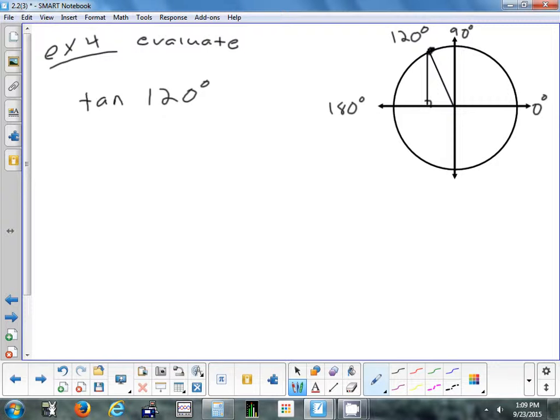All right, so we have a difference of 30 degrees in this part right here. So how about this part down here? How much would that be? If this part's 30. 60. Yeah, this part would have to be 60. Because together they make a quadrant, which is 90. So this is 30, that's 60.